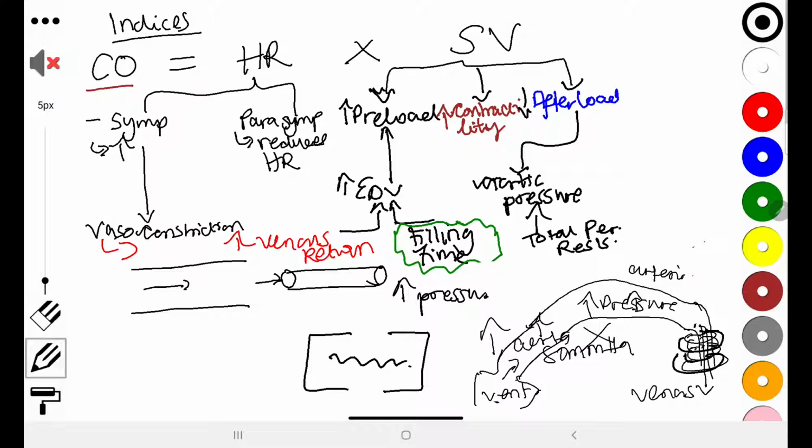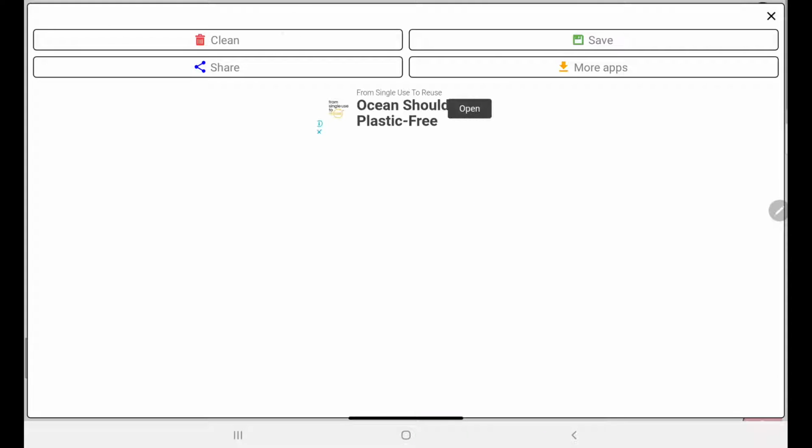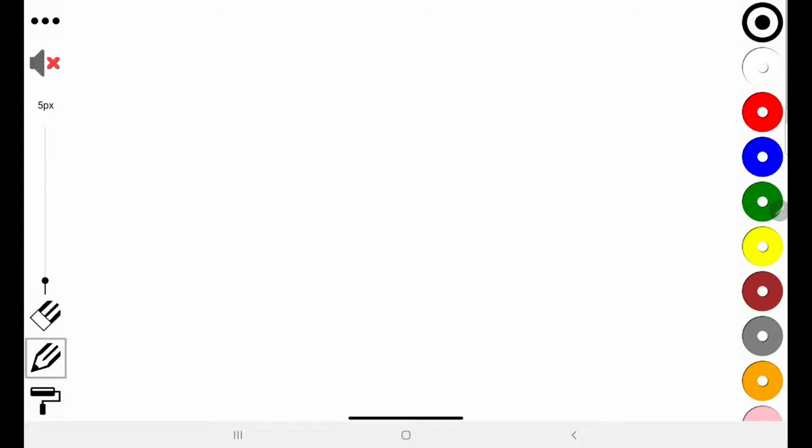Alright, so having said that, now I just want to bring something into perspective. I have a question. We say cardiac output is equal to heart rate times stroke volume.